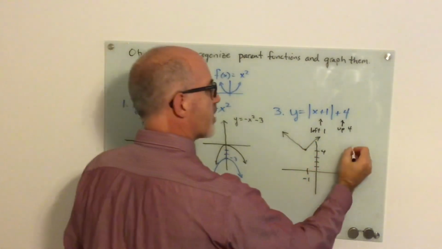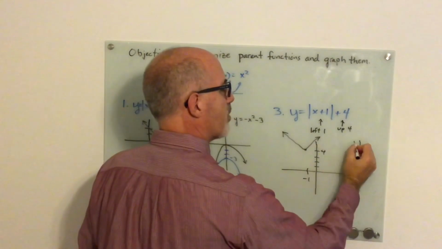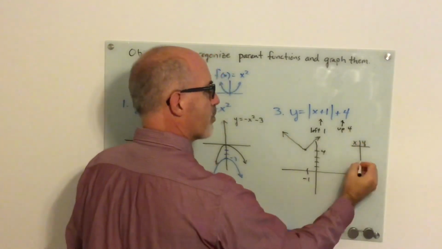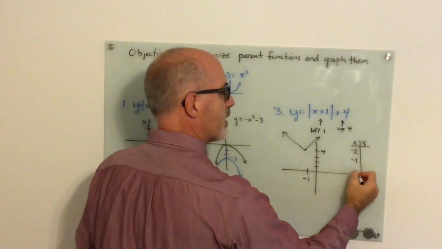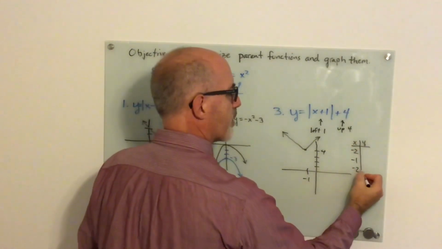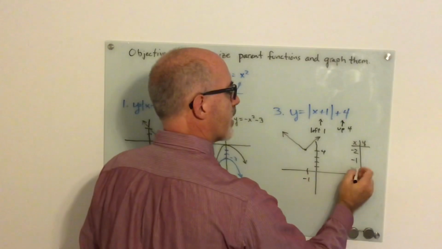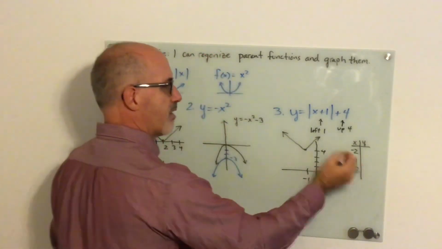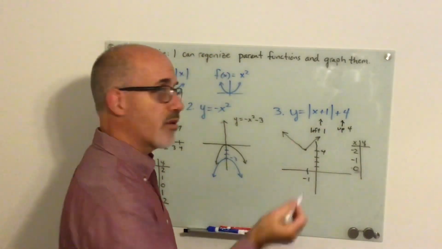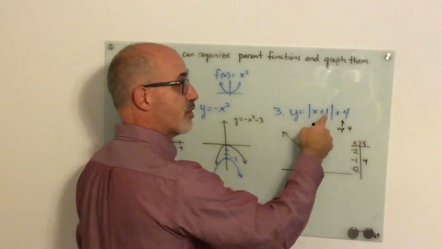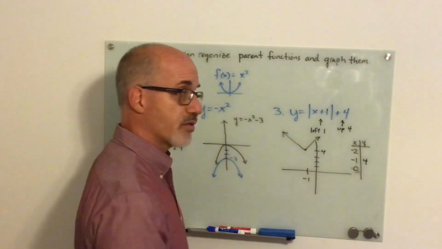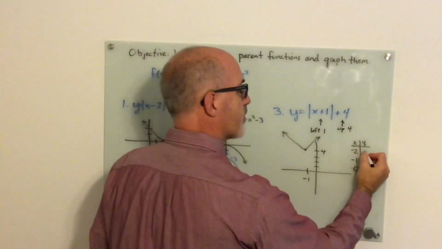And again, if you're not sure, set up an x-y table. We could put in -1 and some values around it. I'll just do a couple here, and we'll do 0 then. If you put in -1, -1 plus 1 is 0, plus 4 is 4. There's my -1, 4. -2 plus 1 is -1, absolute value is 1, plus 4 is 5.